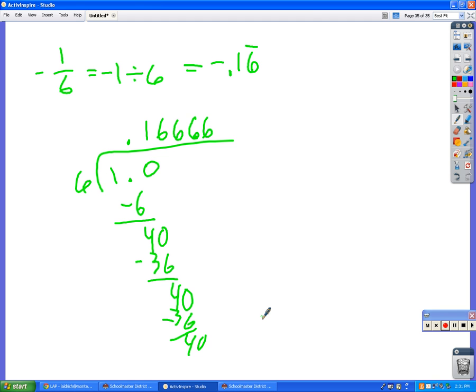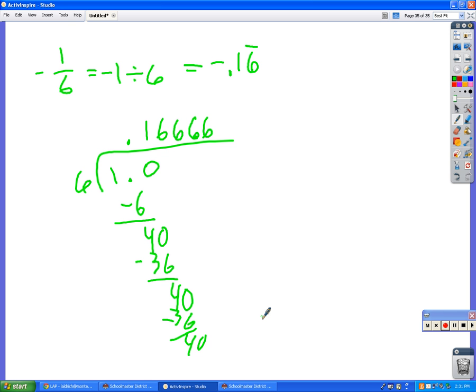All right? Okay, so to simplify a fraction, what do we do? Ben? Find the number that goes into both of them evenly and divide them both by that. Okay, good.